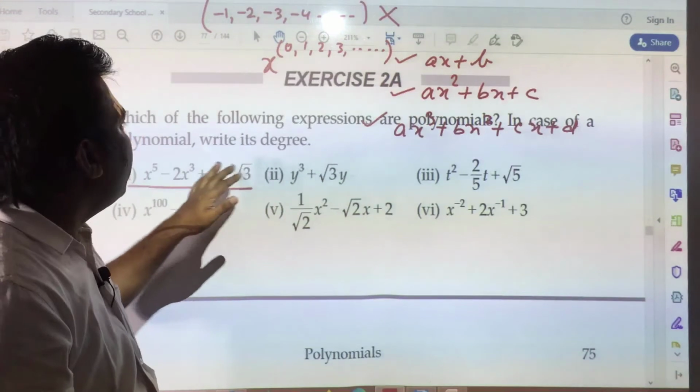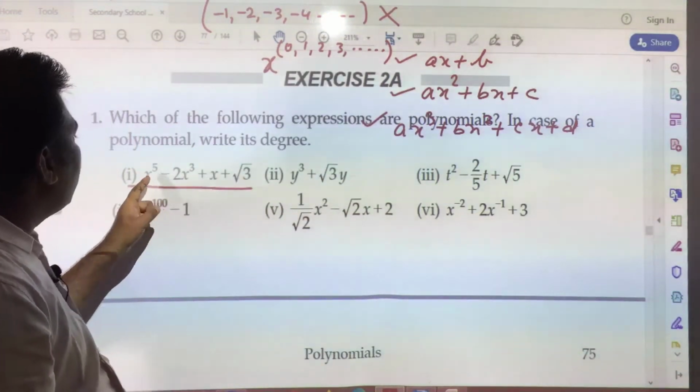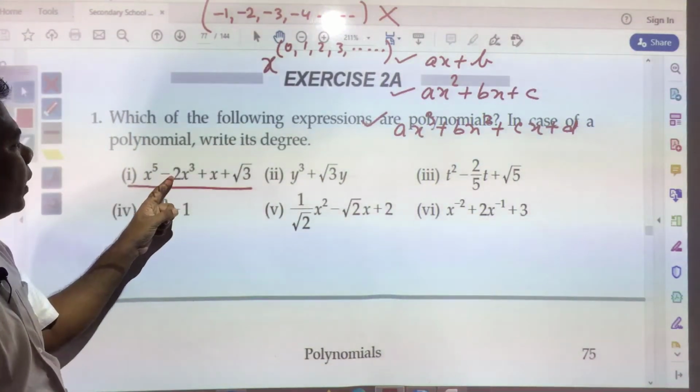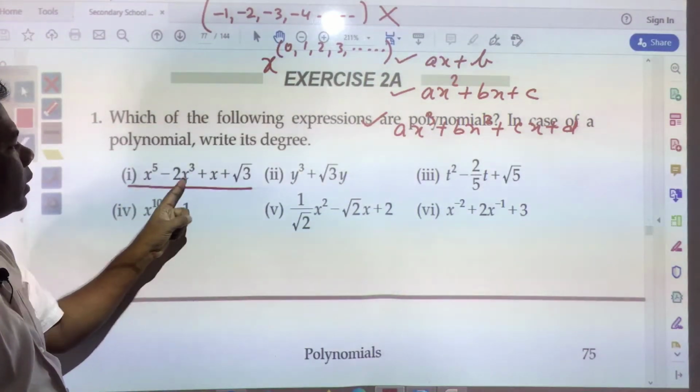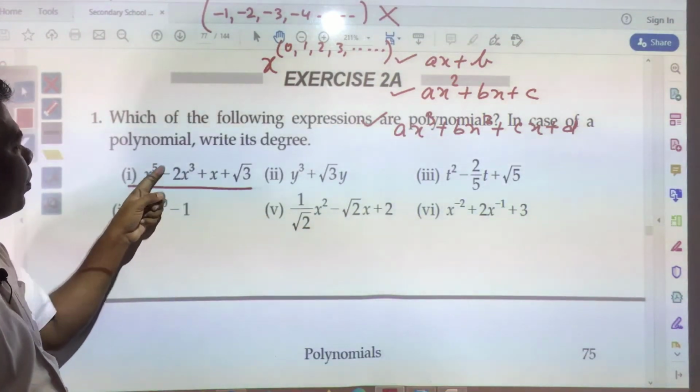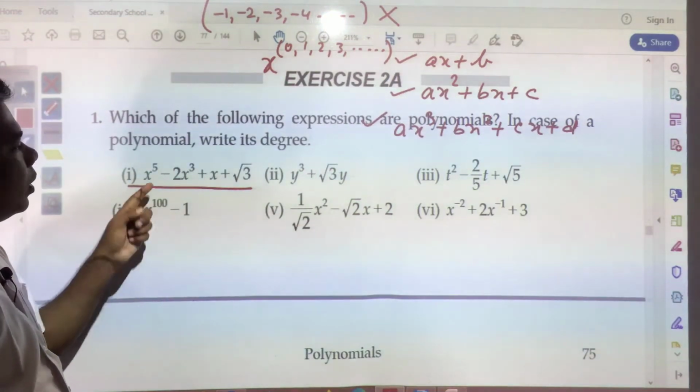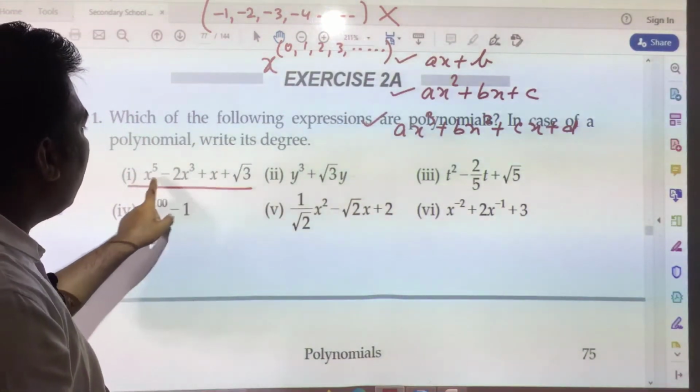So, here you see in the first expression you have x to the power 5 minus 2 x cube plus x. So, the variable you have is x and the maximum power of x is 5. So, this is a polynomial of degree 5.